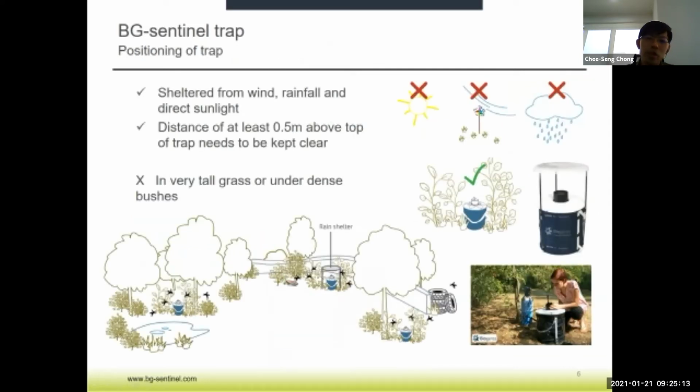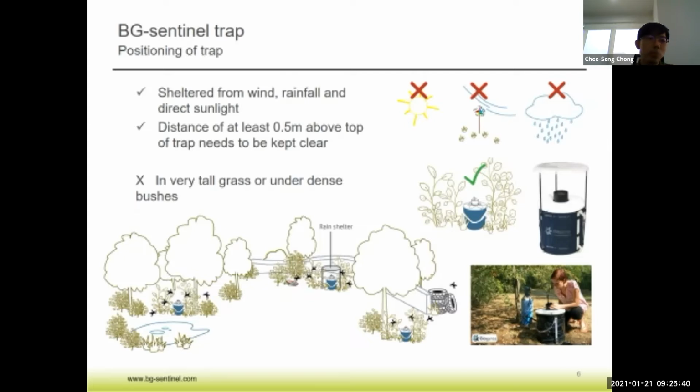So I've actually extracted some information provided by the manufacturer on how and where you position the trap. In particular, the key consideration of wind, rainfall, and sun applies to almost all traps, especially traps for biting mosquitoes.